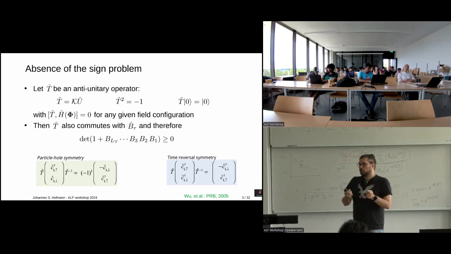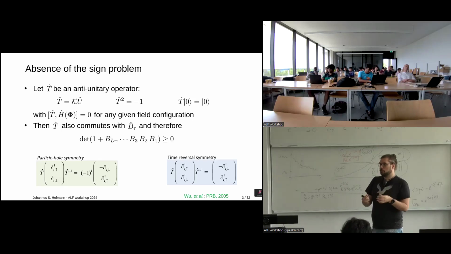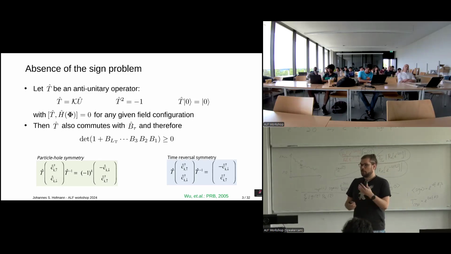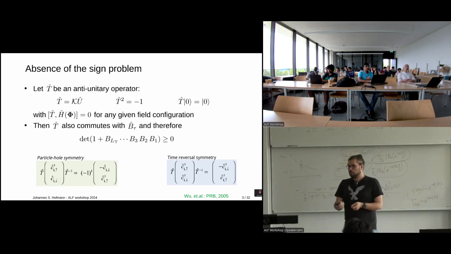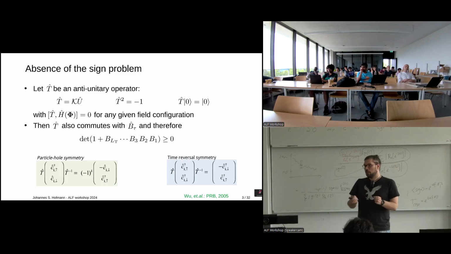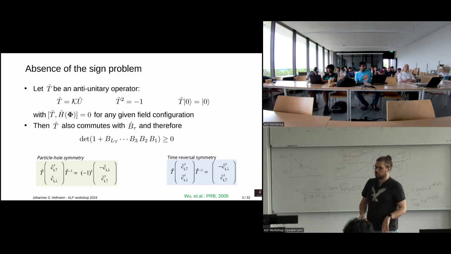So what you typically then have to do to keep this a symmetry is you have to give some sets of sites a positive sign in the transformation and the other set of sites a negative sign, such that the phases on all bonds cancel. So this is the bipartiteness. If I have a bipartite lattice, I can have the particle hole transformation on sublattice A with a positive sign, on the sublattice B with a negative sign, and as long as all the hopping terms are between the two sublattices, I can absorb the sign that I get from the Fermion statistics.